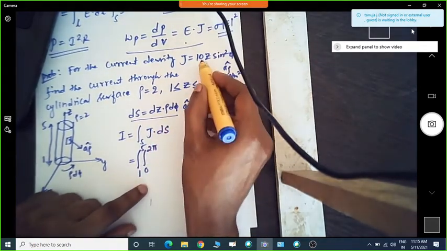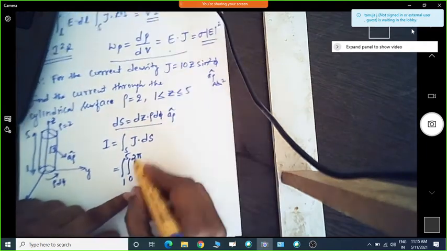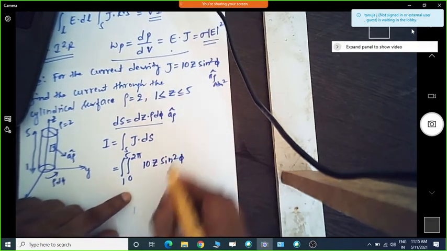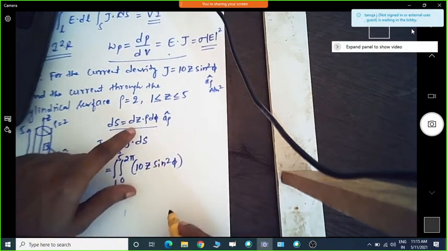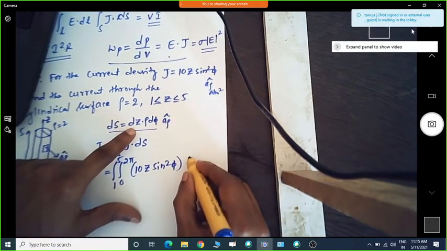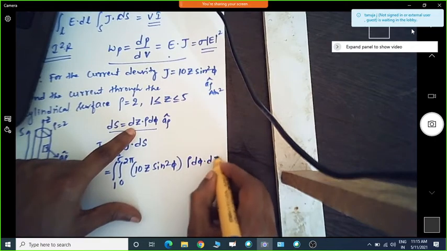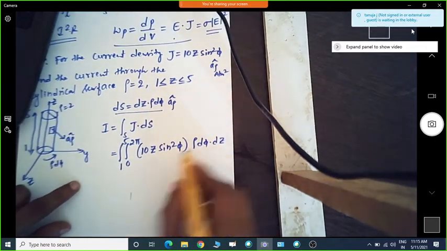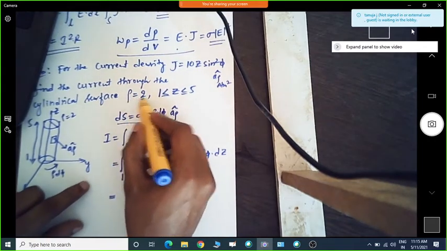Now we have J which is given, that is 10z sine square phi. Okay, so this is the J. Now we have ds, so ds is nothing but rho d phi into dz. Since rho is constant, you can take it outside, and the value of rho is given.